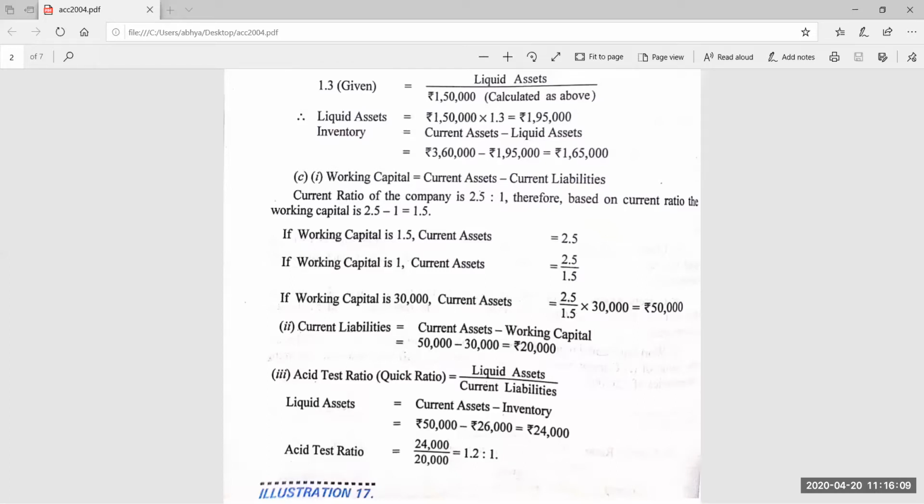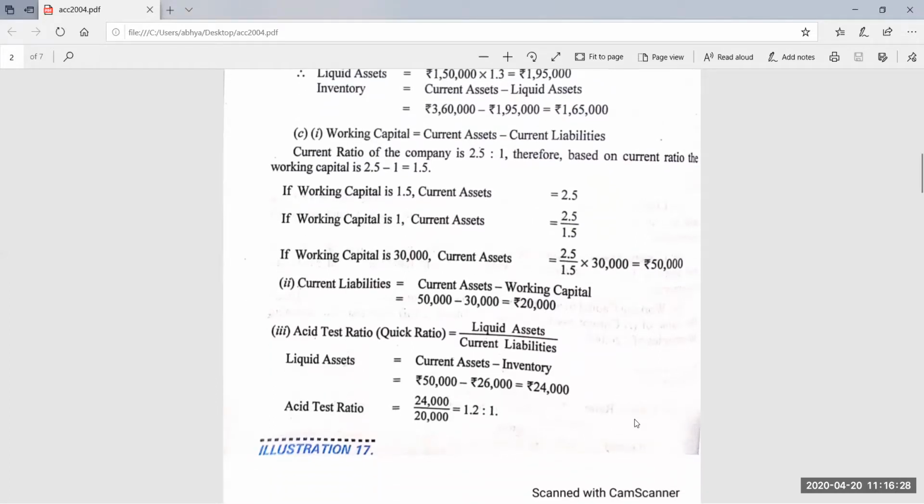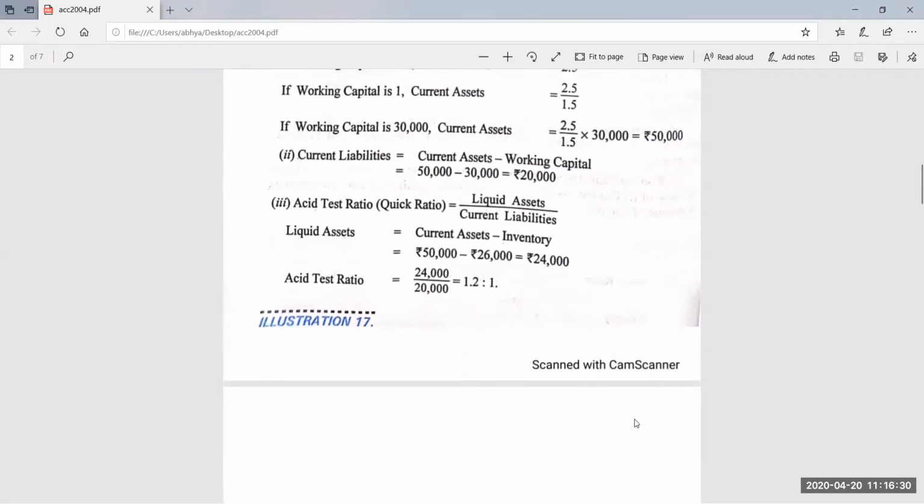So the acid test ratio is 1.2:1. Yes. Please tell me, is your answer correct so that I can go for the next questions? Okay, students. All of you are telling me that your answer is correct.